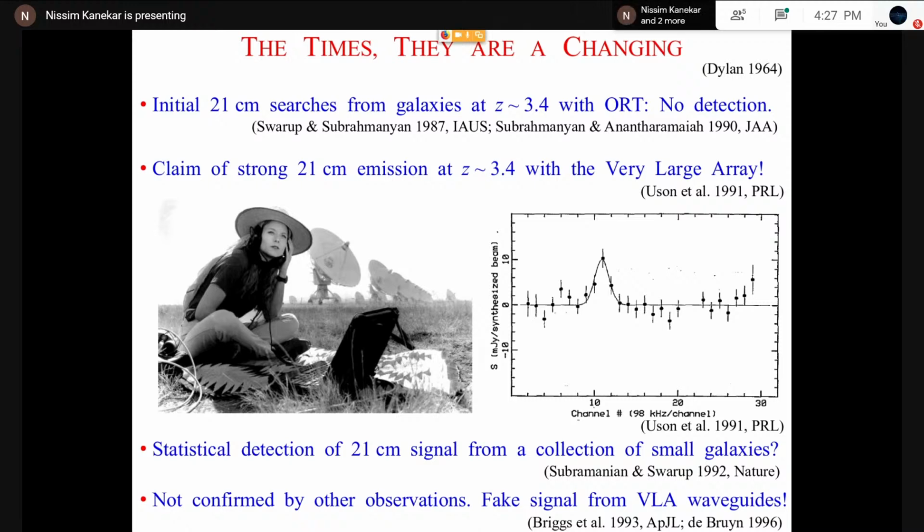And that was bad news, but this is kind of normal in the sense that when you're pushing a telescope to do cutting edge science, problems do happen. And they were good enough to identify the problem somewhat later. And they said, okay, this signal is not real. And that is it.